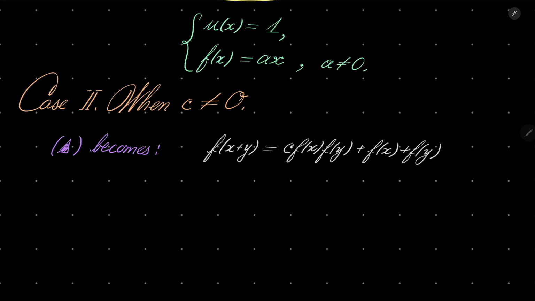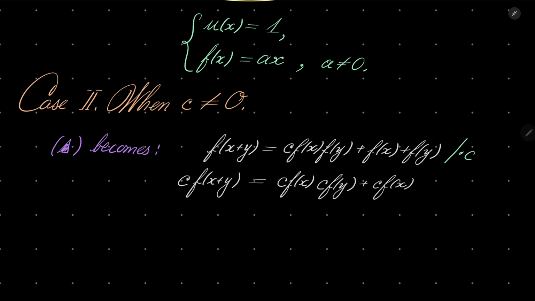In essence, I wish to reduce this equation also to the Cauchy functional equation, but it needs some work. First, I will start by multiplying both sides by c. So we have c times f of x plus y equals c times f of x, c times f of y, plus c times f of x, plus c times f of y.